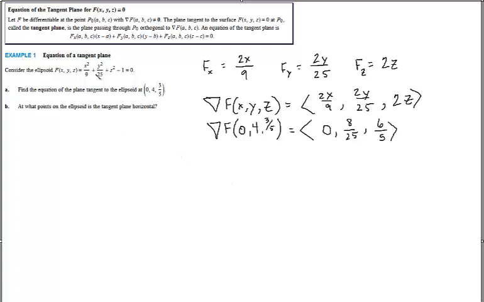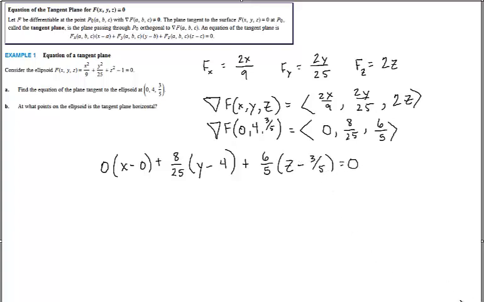Alright, now that I have that complete, I'm just going to plug it into my formula for the equation of a tangent plane. So I need that partial with respect to x evaluated at that point, so that would be 0 times x minus the value at that point, and that is also a 0, plus the partial of y evaluated at that point, and that is 8 over 25, times y minus 4, and then plus 6 over 5, times z minus 3/5, equals 0.